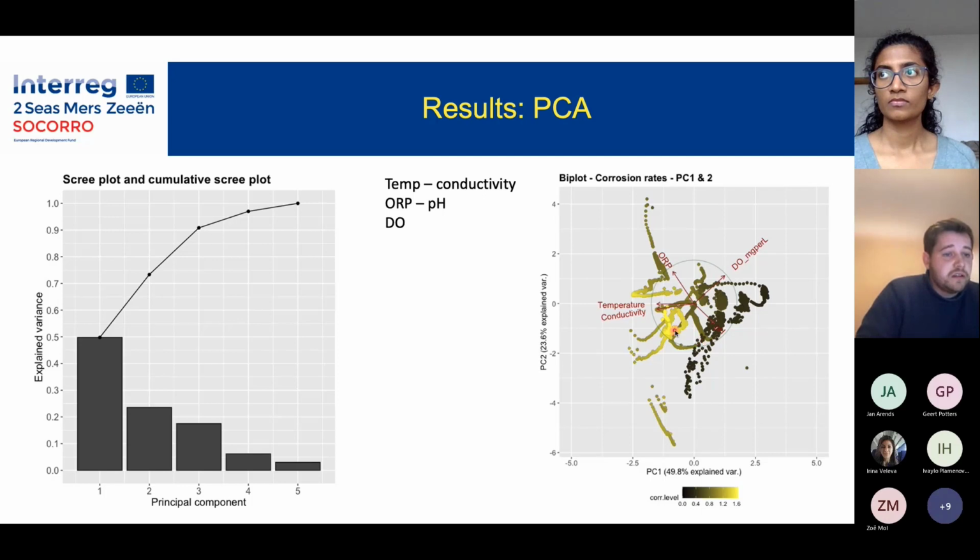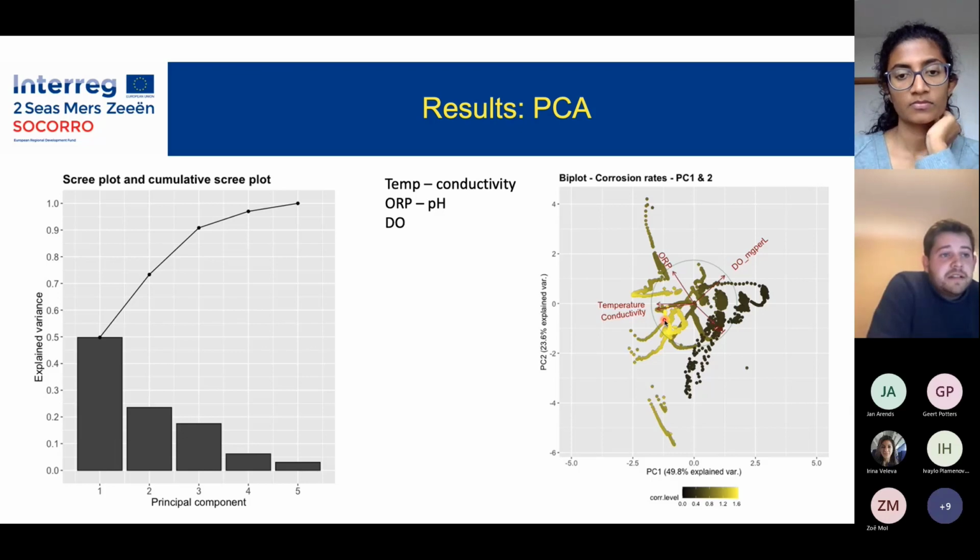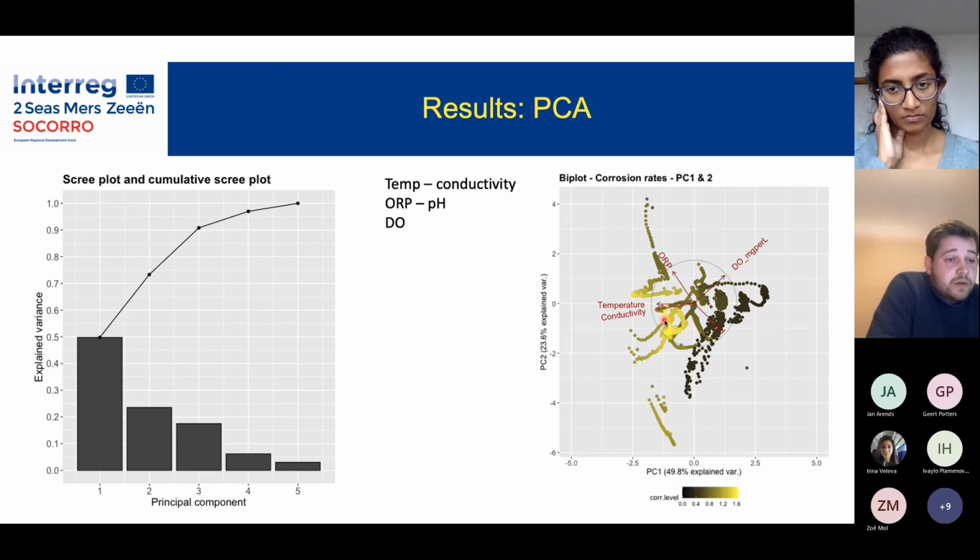As you can see, the color gradient goes from black to very yellow. This is around 0.3 millimeters per year to 1.6 millimeters per year. And it shows that the corrosion rate is highly correlated with temperature, conductivity, and negatively correlated with the dissolved oxygen in this data set.